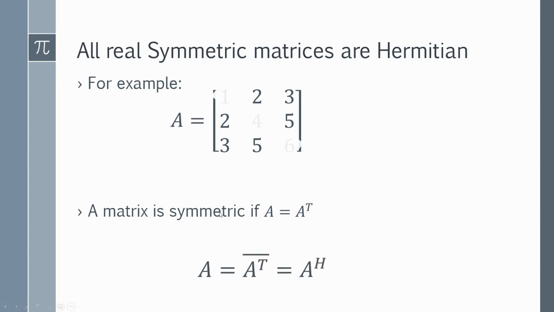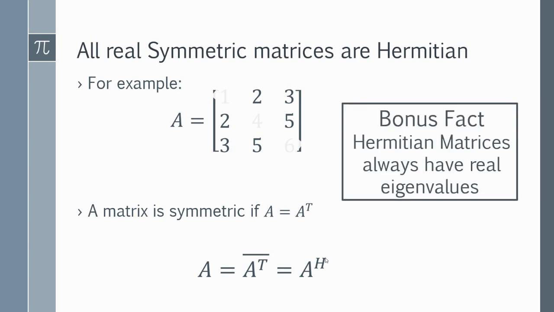So we can say that A's complex conjugate transpose is the same as A. And so A Hermitian, so the complex conjugate transpose of A, it's all the same. This matrix, therefore, is Hermitian. So every single real symmetric matrix is always going to be Hermitian. So that's a really quick way to check.